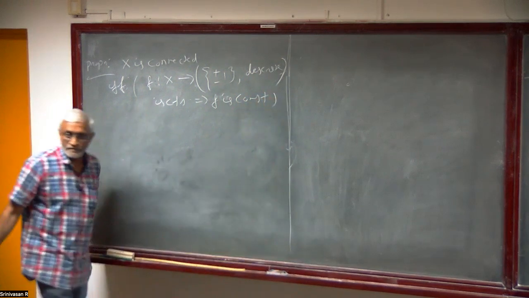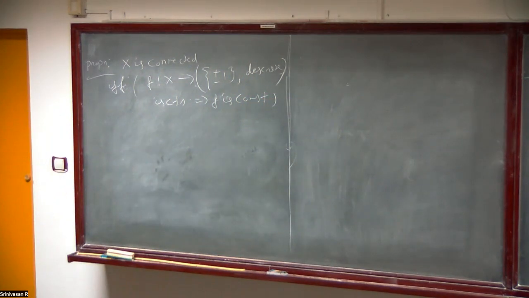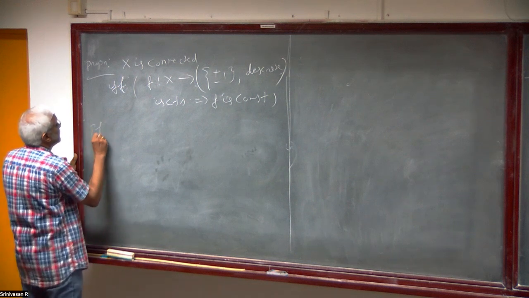The only continuous function from the space X to plus or minus 1 is a constant function. It has to be 1 everywhere, or minus 1 everywhere. It cannot take both the values 1 and minus 1. And it is clear. Proof.